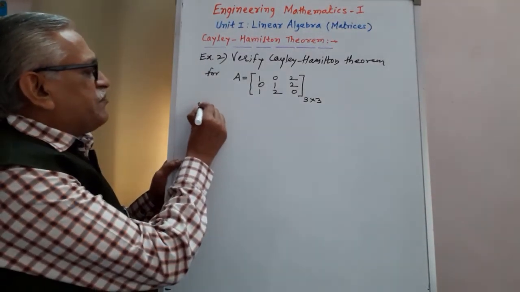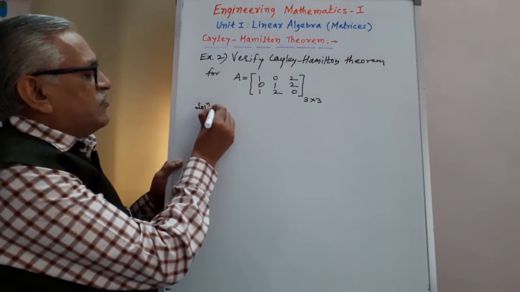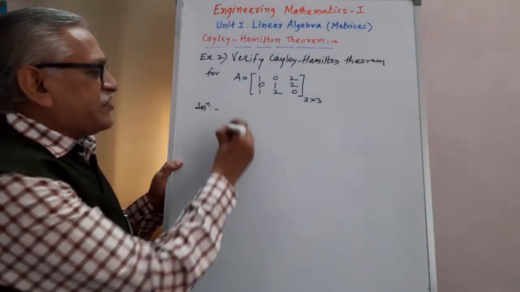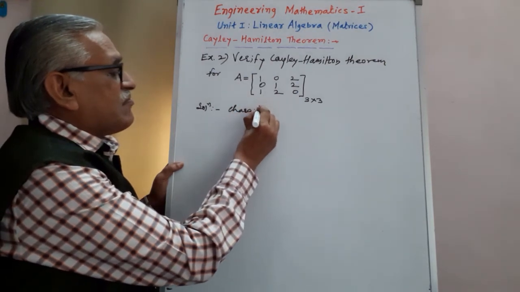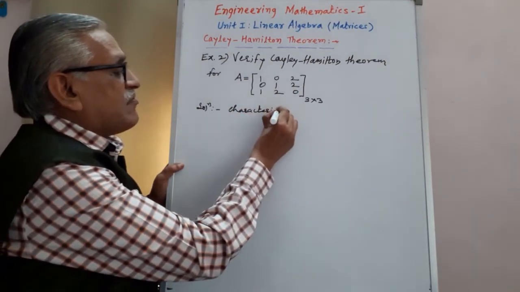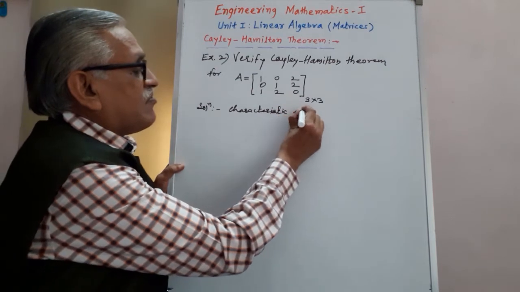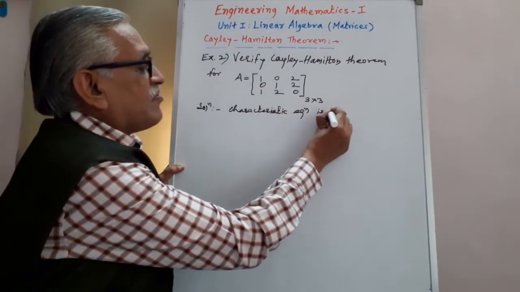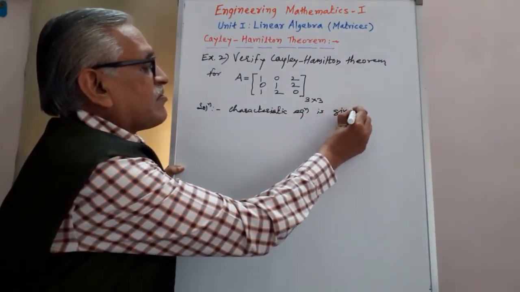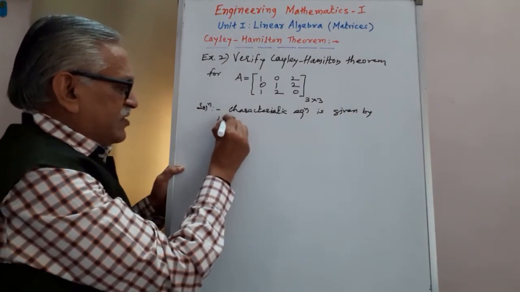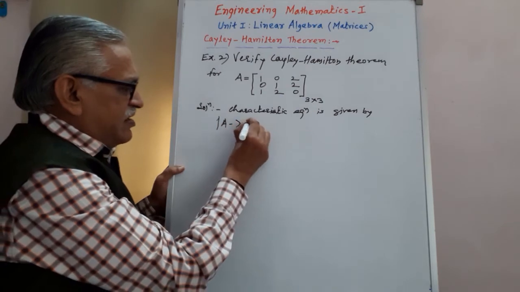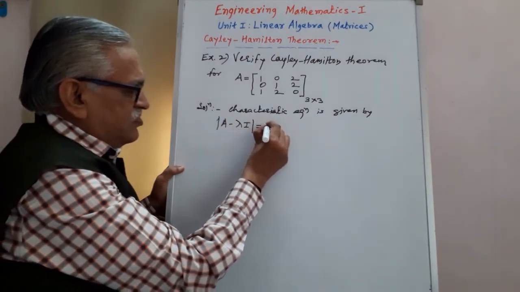Therefore, first step, we require to obtain the characteristic equation. Determinant of A minus lambda I equals 0.